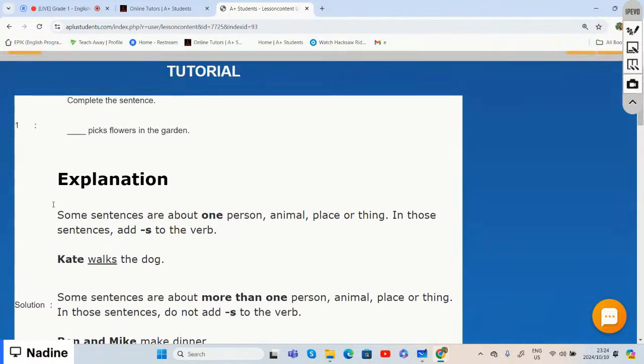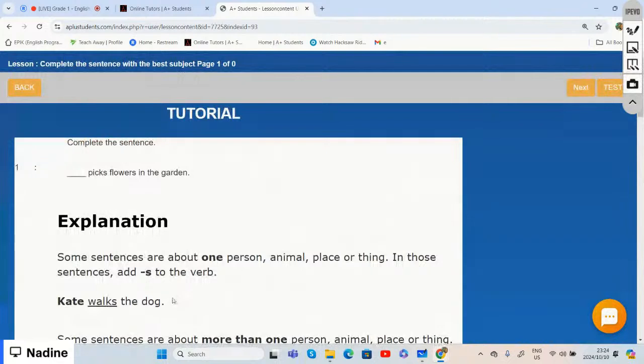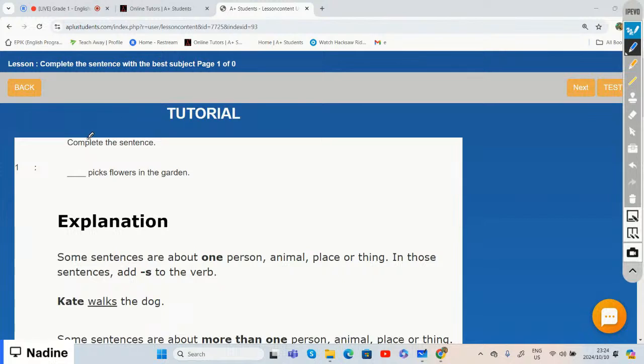All right, so now we're going to complete this sentence. Here it says, picks flowers in the garden.